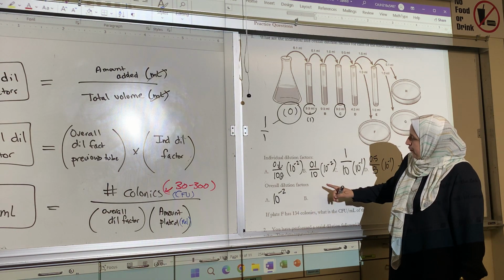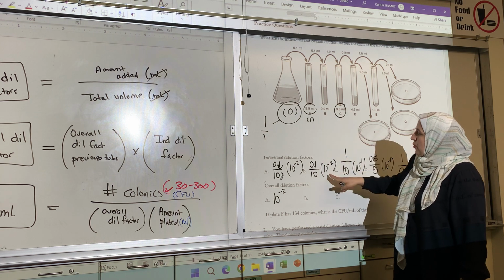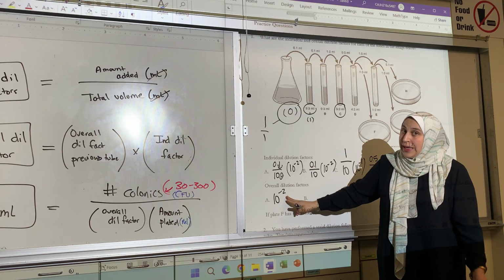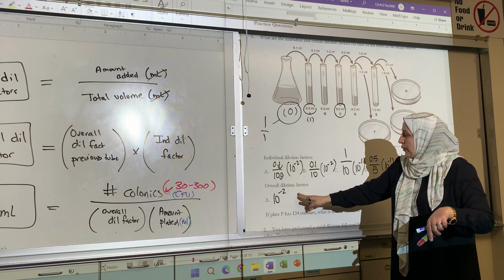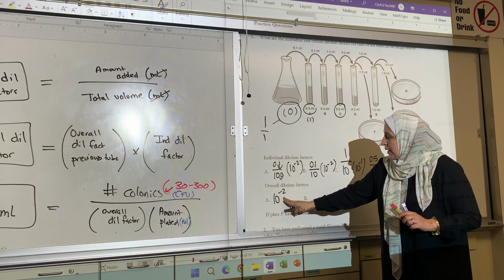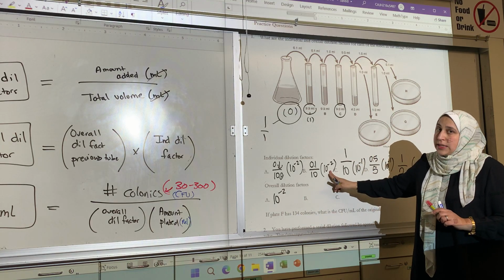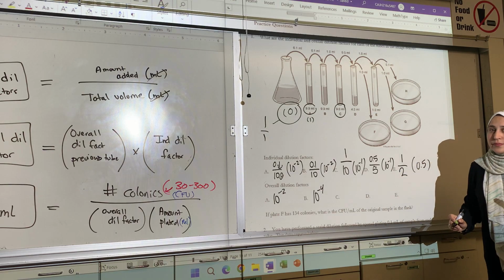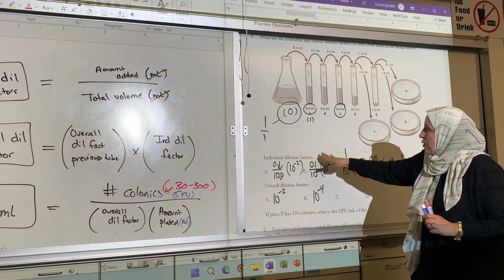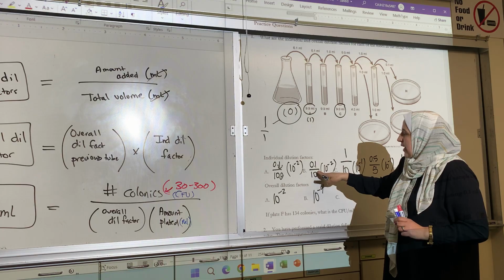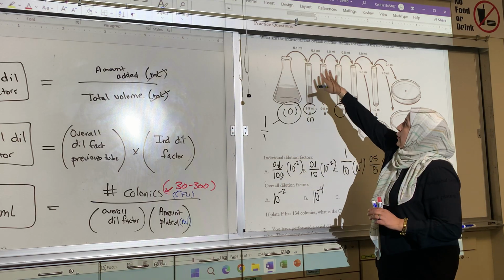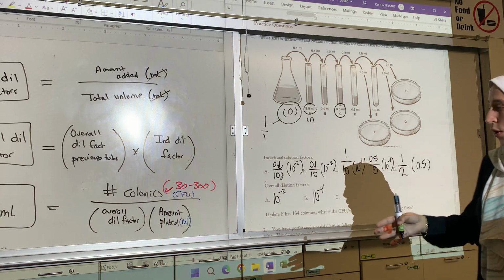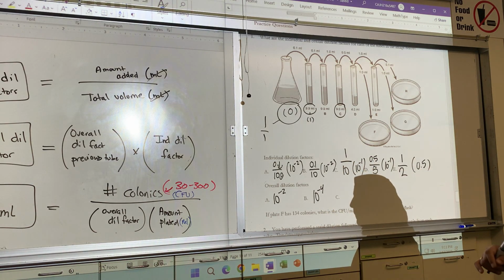Then for B, the individual tube was diluted 100 times, but it was diluted with a liquid that was already 100 times dilute. So we multiply the 10 to the negative 2 by the 10 to the negative 2, and we get 10 to the negative 4. Okay? And so even though the individual dilution factor was the same, since the liquid we used was already dilute, the overall dilution is much more in B than it is in A.